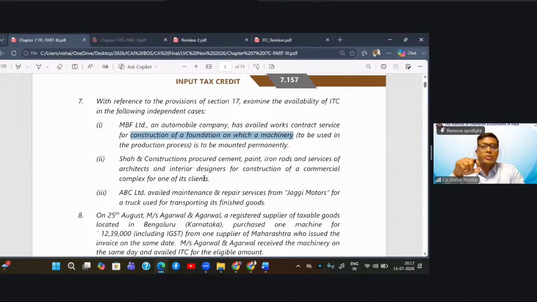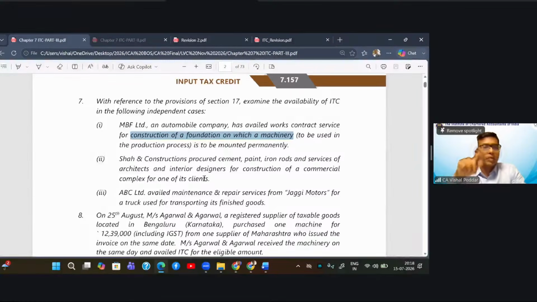So when a foundation is constructed for the purpose of mounting the plant and machinery, that foundation or structural support is also treated as part of plant and machinery as per the definition. And in that particular case, ITC is allowed.